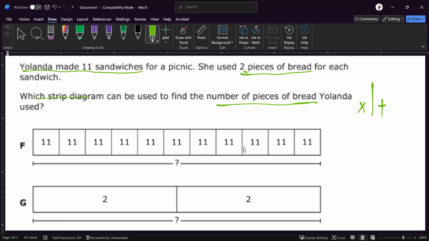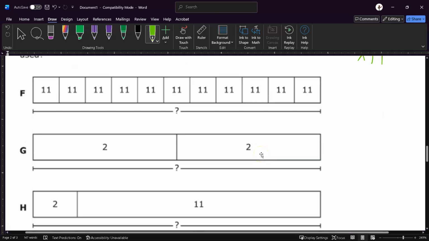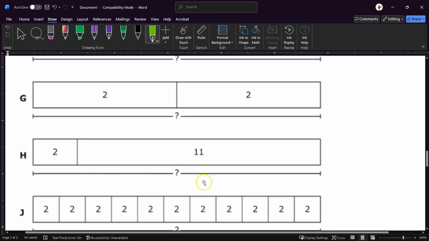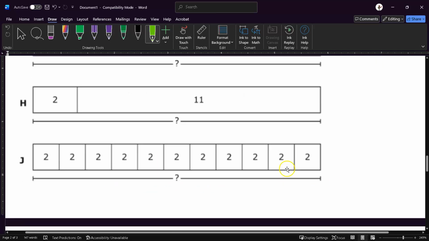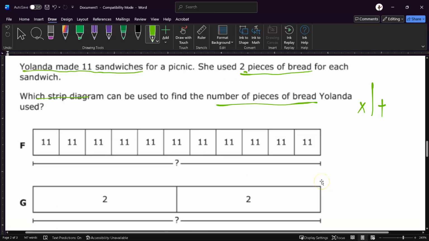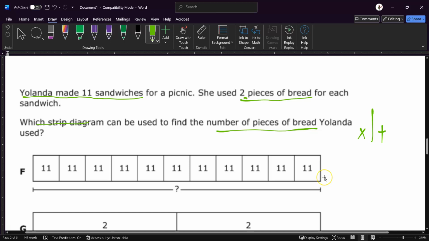In a strip diagram, whatever shows the whole needs to be blank because there is no total. So let's look at F. F is okay. It does not show a total. G is okay. It does not show a total. H is okay. It does not show a total. And J is okay. It does not show a total. So let's go on to the next piece.